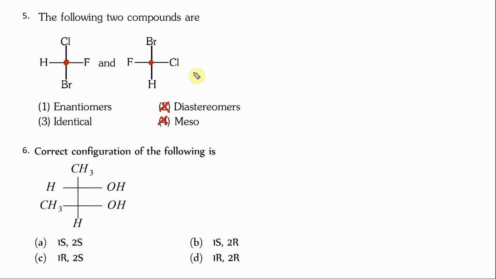So we can actually rotate it 180 degrees if you want. I'm going to rotate this molecule by 180 degrees. Again, you keep it like a pin here, and then I'm going to rotate it around this axis, but 180 degrees, not 90 degrees. So fluorine will come here, chlorine will go there, bromine will come down, hydrogen will go on top.